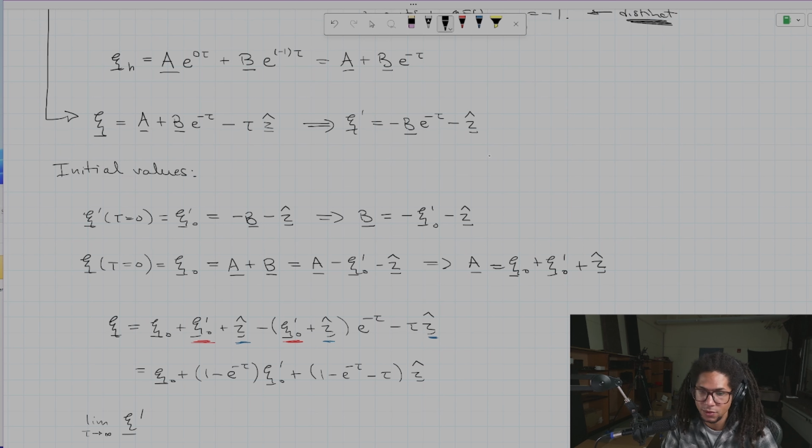So this is the limit as tau goes to infinity of minus (b, so c naught prime plus z hat) e to the minus tau minus z hat. Okay, but as tau goes to infinity, e to the minus tau goes to 0. So this is just going to be equal to minus z hat.